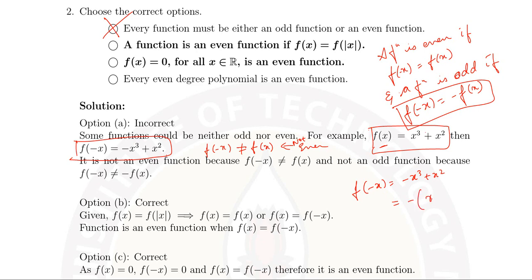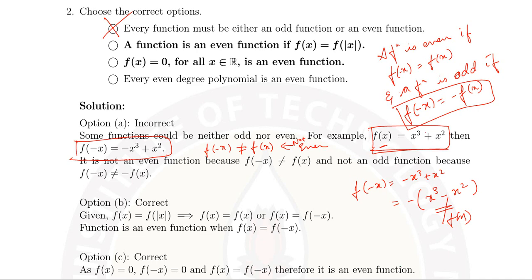This is going to be x cube minus x square, and this is not my f of x. Therefore, this is neither an even function nor an odd function, right? So this is contrary to the statement given to us here.